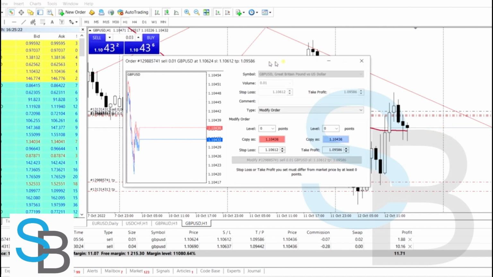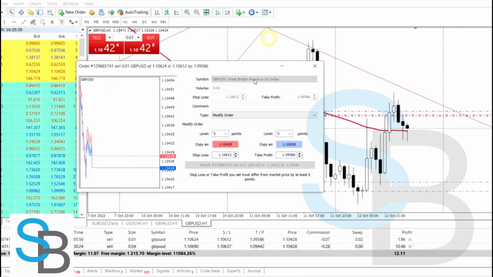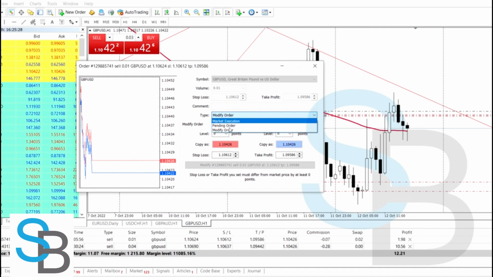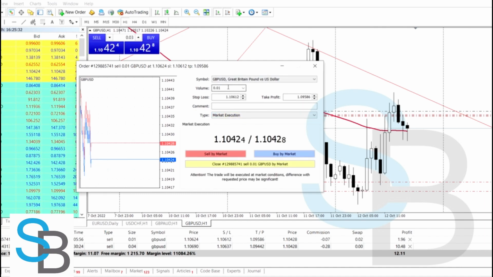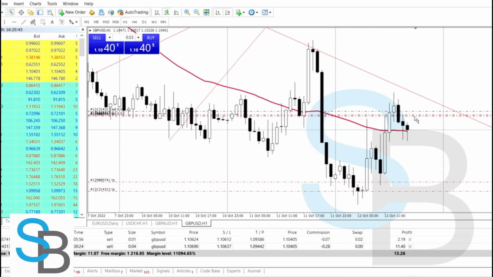When I modify, I then see the lot size used, right? So just come here, instead of modify order, come to market execution. When you see this, you can now choose the lot size you would like to close. As you can see, this lot size is 0.01 and it's the least. So I'm just going to close it and use the other trade.